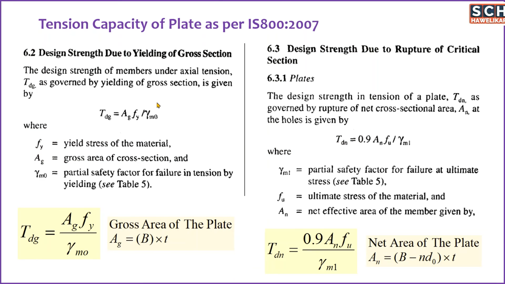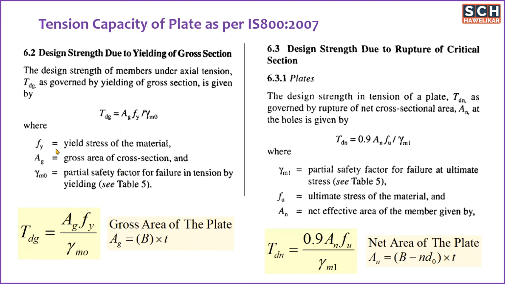Here, as per IS 800 2007, clause number 6.2, we can calculate design strength due to yielding of gross section, and that formula is simply given as Tdg equals Ag Fy divided by gamma m0, which gives us the design strength due to yielding of gross section.